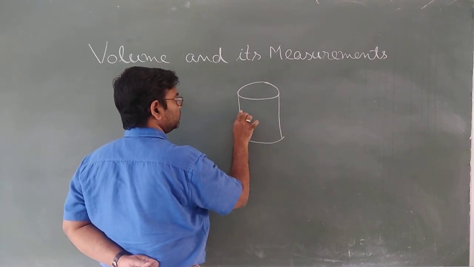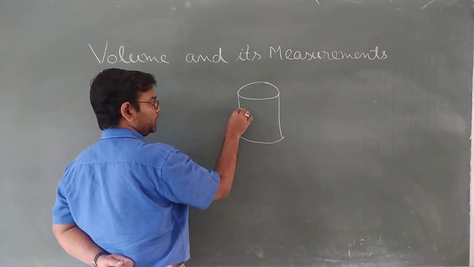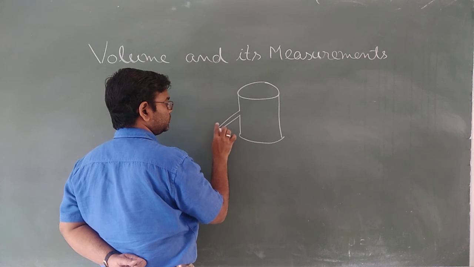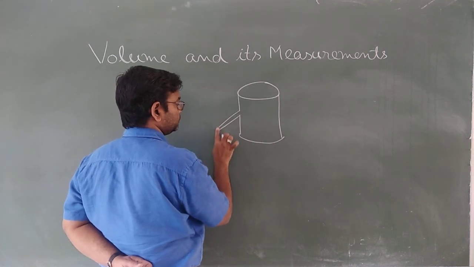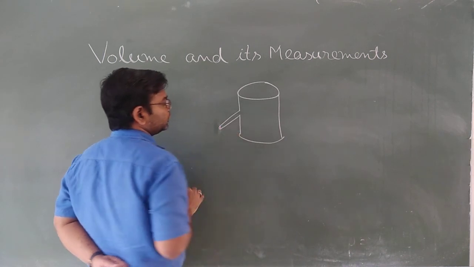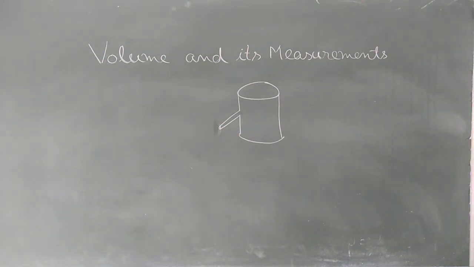In the middle of one side wall there is an opening or spout. This type of jar is known as your overflow jar.